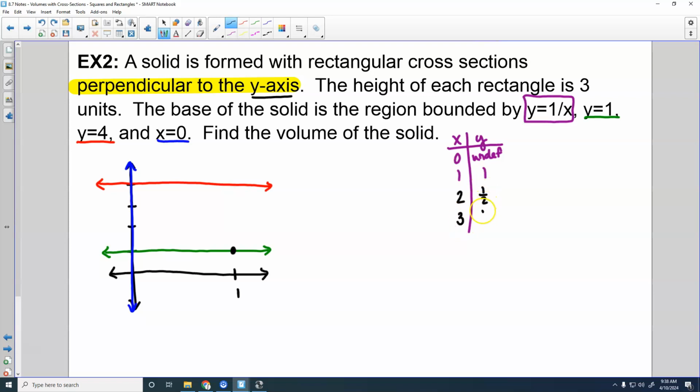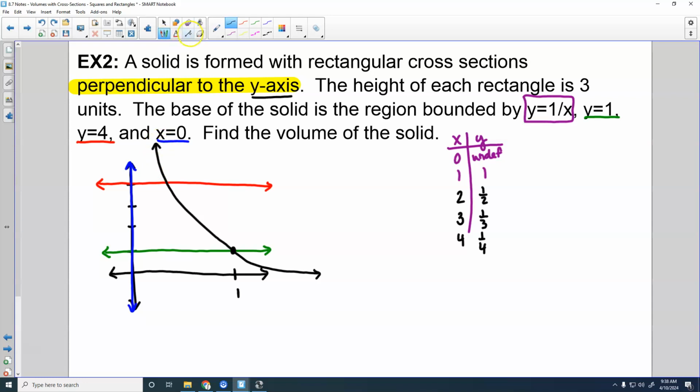If I do 3, I get 1/3. If I do 4, I get 1/4. So this is just getting smaller and smaller with a horizontal asymptote. That doesn't even really matter because we're already out of the section that we need to look at. This part right here is going to look like this, and it's going to have a vertical asymptote.